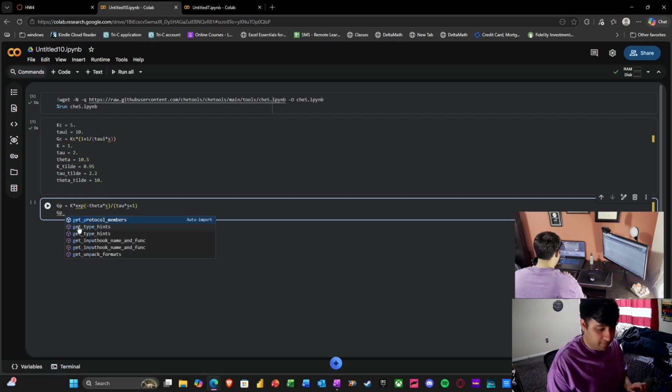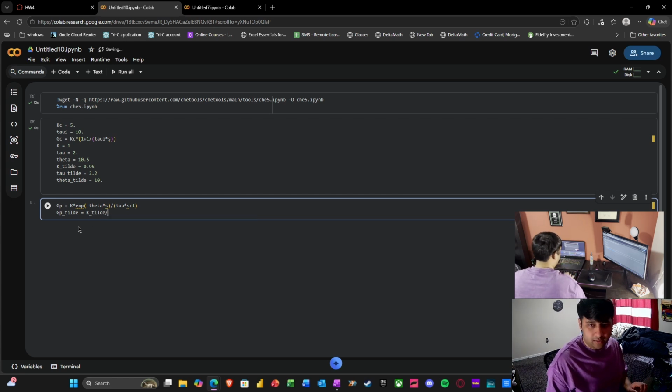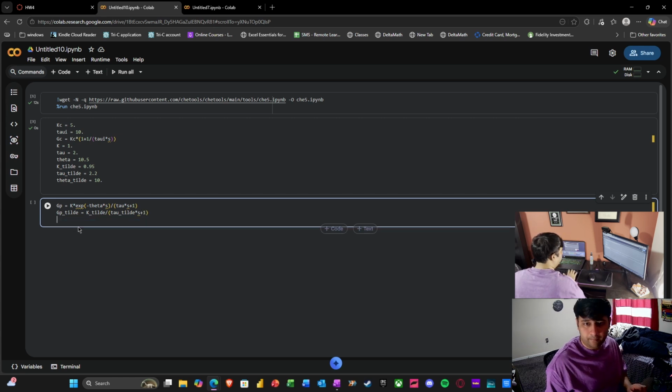Then we're going to have our GP tilde, which is our G bar P, which we found to be K underscore tilde divided by our tau underscore tilde times s plus 1.